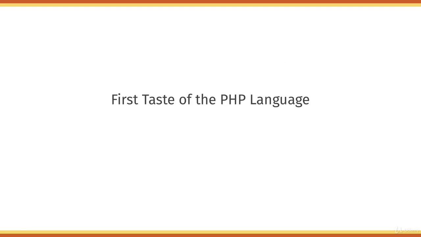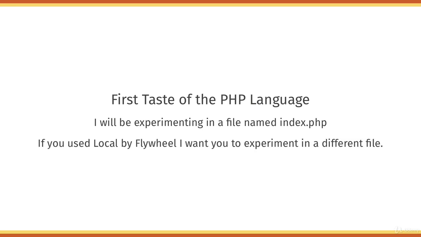Now in that lesson, we are going to learn the very basics of the PHP language, which is what powers WordPress. In that video, personally, on my computer, I'm going to be experimenting in a file named index.php. Now, because you used Local by Flywheel, I want you to work with a slightly different file. And this has nothing to do with WordPress.